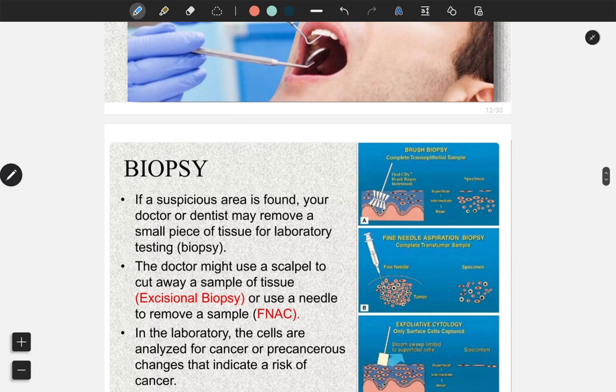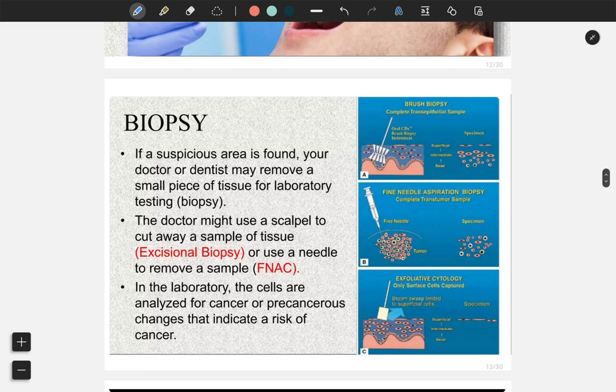If there are signs of oral cancer, and your dentist examines your oral cavity and informs the patient that this may be oral cancer, the first action to be taken is biopsy. So what is biopsy? We have to take a small part of that area, or make an incision in that area, and send that part to the laboratory for further investigations.